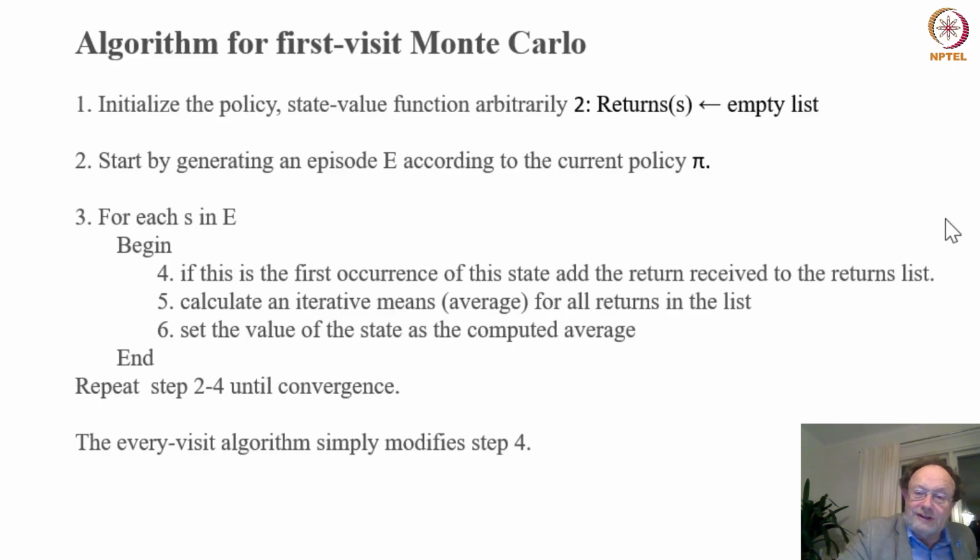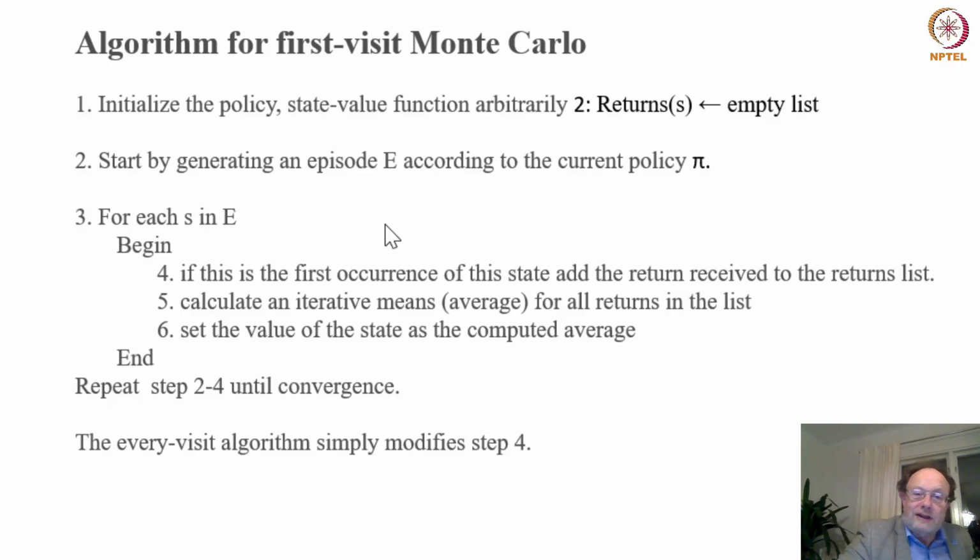In this returns list, you will get as many items as you have states, and during all the iterations, you successively calculate the iterative average for all the returns in the list.